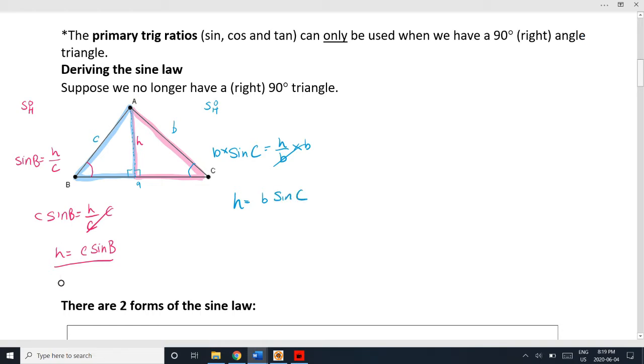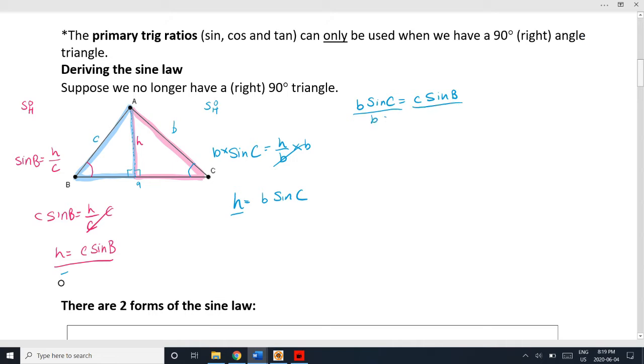Now we see that we have h is equal to c sine B and h is equal to b sine C. Because they're both equal to h, we can make them equal to each other. So b sine C is equal to c sine B. To get us to our sine law, all we need to do is divide both sides by a common denominator to get rid of the b's and the c's on top.